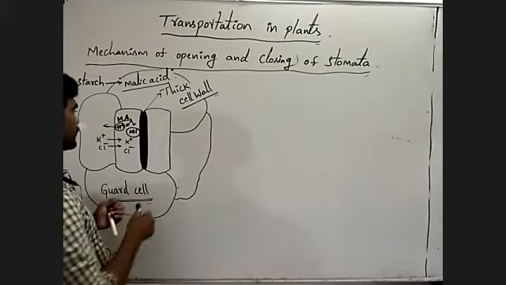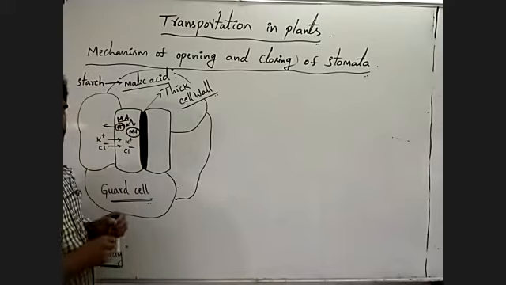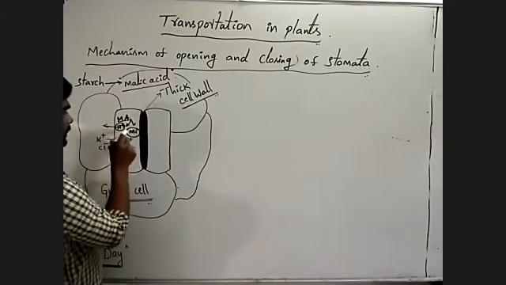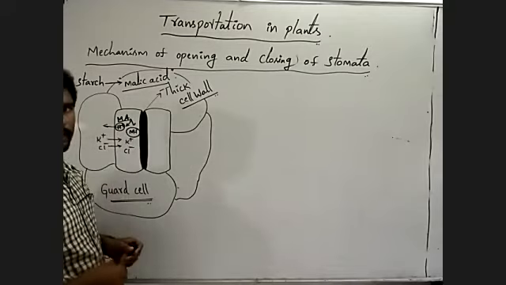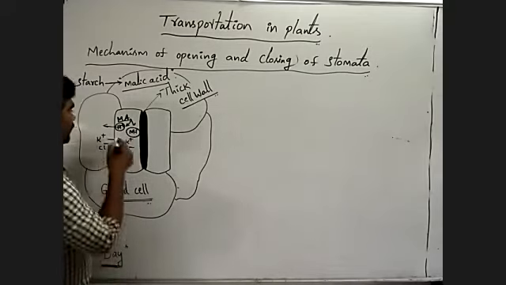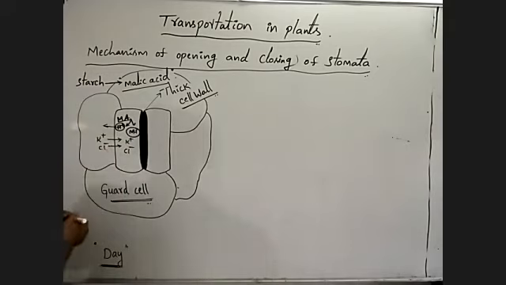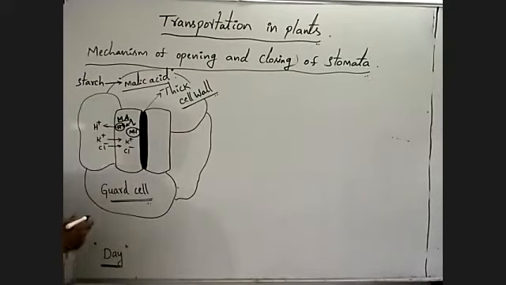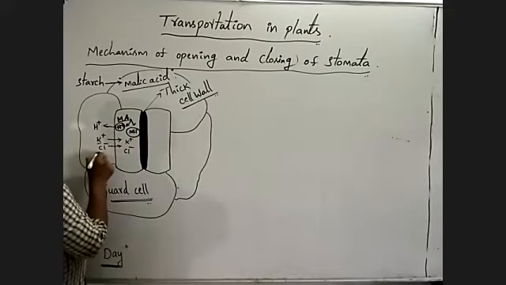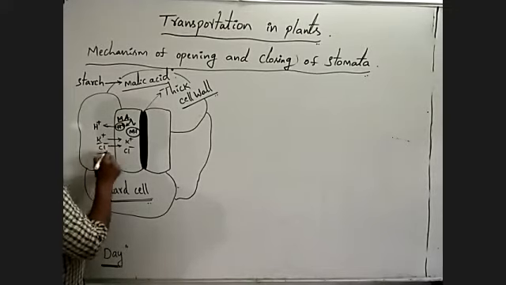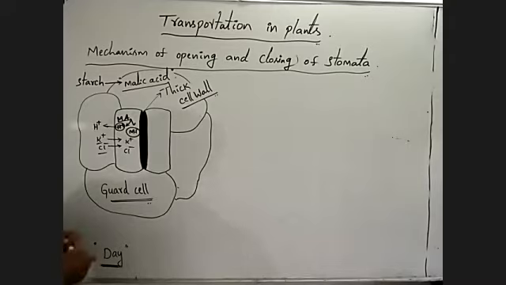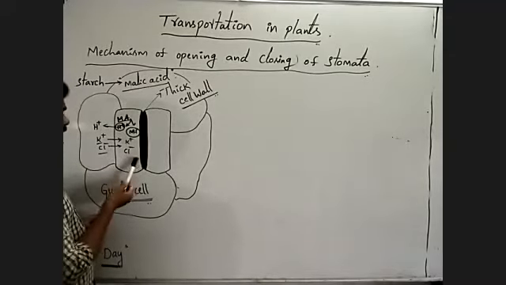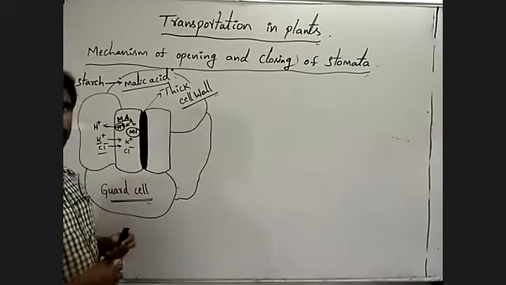Malic acid is broken down into H+ ions and malate ion. Whenever H+ ions are transported out of the guard cell, potassium ions along with chloride ions are transported into the guard cells from the subsidiary cells.